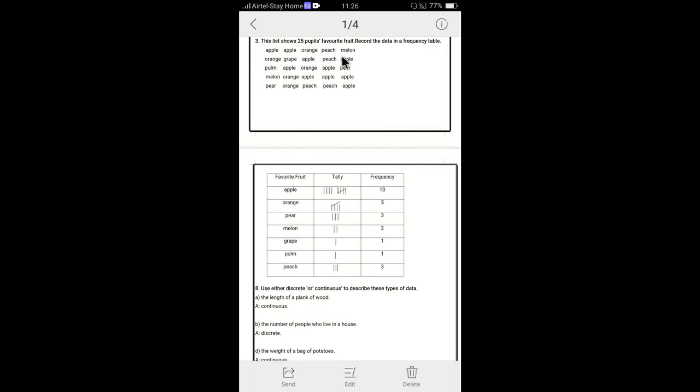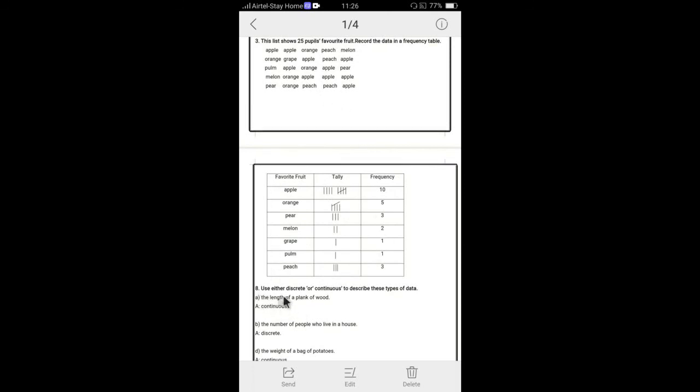Melon, it's showing you 1, 2. You can see that I've written 2 here. Then grapes, just one time. You can see that we've written one time. Plum 1 time is given, and the peach 1, 2, 3 times. I think there's a little bit of a mistake over here. 3 times, let's see that. Yeah, that's okay, that's fine. So in this way we can complete this table.